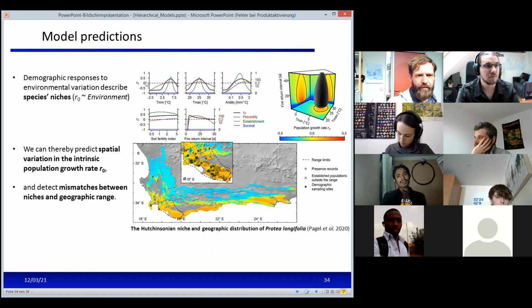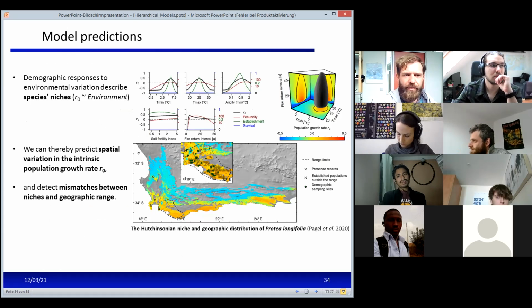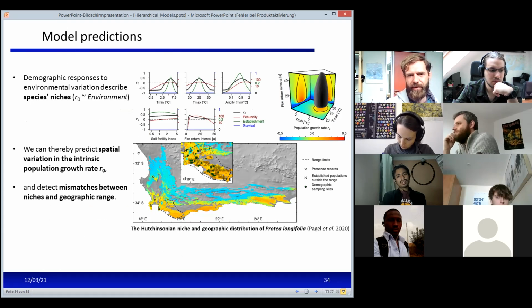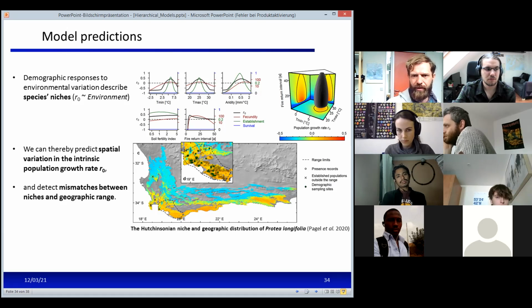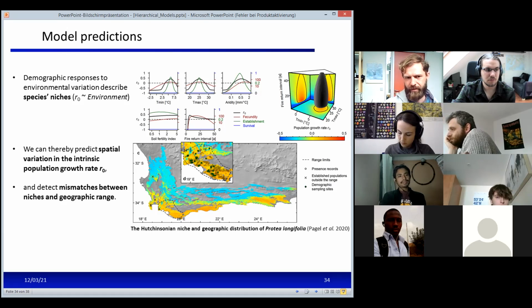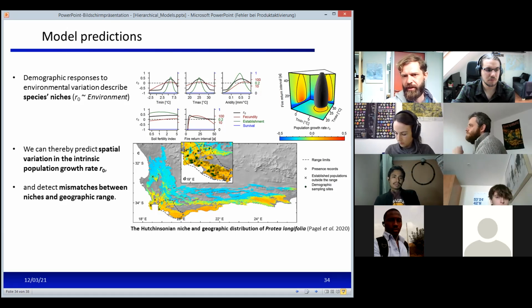And from this, by combining these predictions for different demographic rates, we then could describe the ecological niches of species by identifying the set of environmental conditions where we predict a positive population growth rate, map this variation in population growth rates into a geographic space, and there compare it to the actual geographic distribution of the species and see to what extent these species actually occur where we would predict them to be able to persist due to a positive population growth rate, and how large these mismatches are between the niches of species and their geographic distribution.